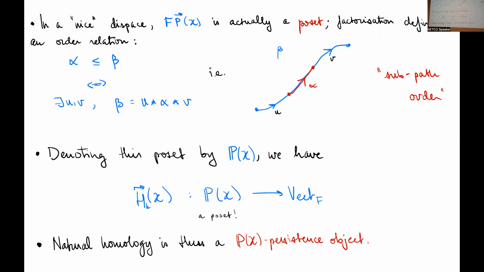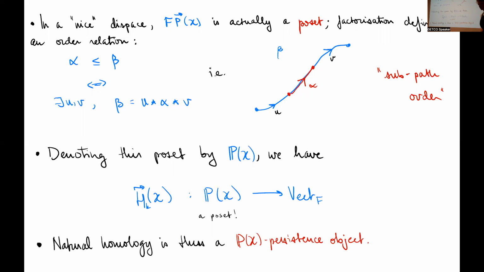Now, in well-behaved directed spaces, the factorization category of the trace category actually has the structure of a poset. So this idea of extension, this subpath relation, actually is an order relation. So we naturally just have a poset, and by just changing our notation a little bit to say that we have a poset, we have a persistence object now.